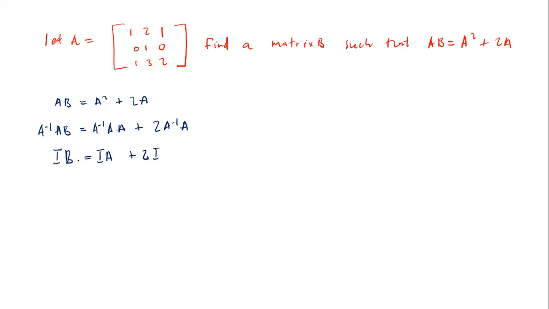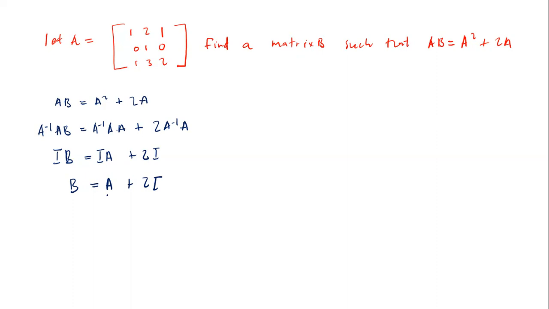But remember, we are not looking for identity matrix B, we are looking for matrix B. According to the laws, we know that identity multiplied by a matrix is that matrix. So identity multiplied by matrix B yields matrix B, which is equal to identity multiplied by A, yielding matrix A, plus 2 multiplied by identity. So this is the formula that we are going to use to determine the matrix B.